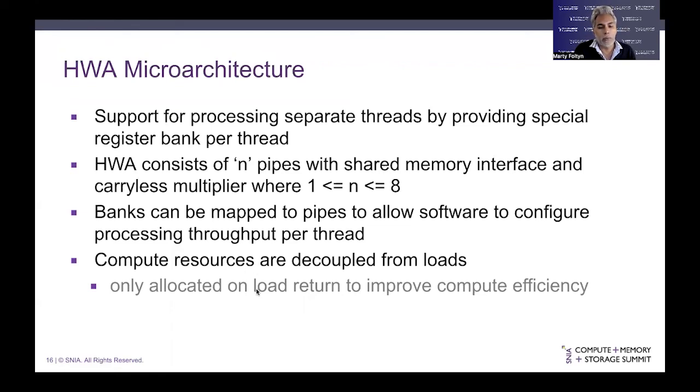And so pipes are only allocated to process either encrypt or decrypt data from a load once that load returns. This allows better pipe utilization as you're not tying up a pipe even though there are loads outstanding and other loads have returned which could use the pipe.